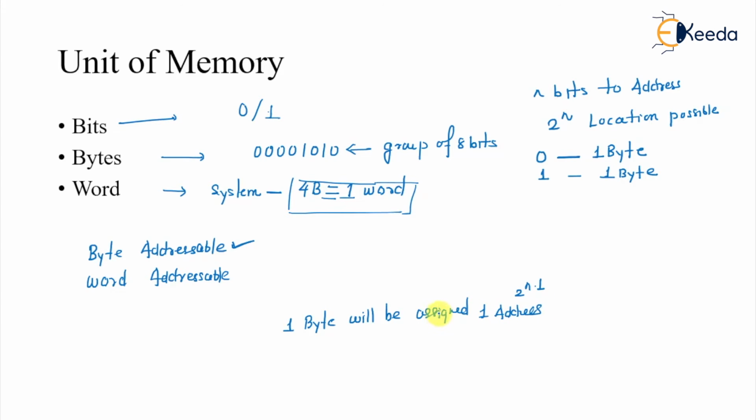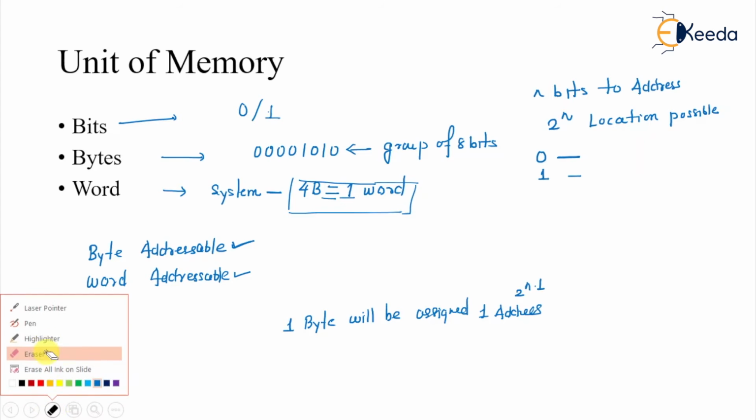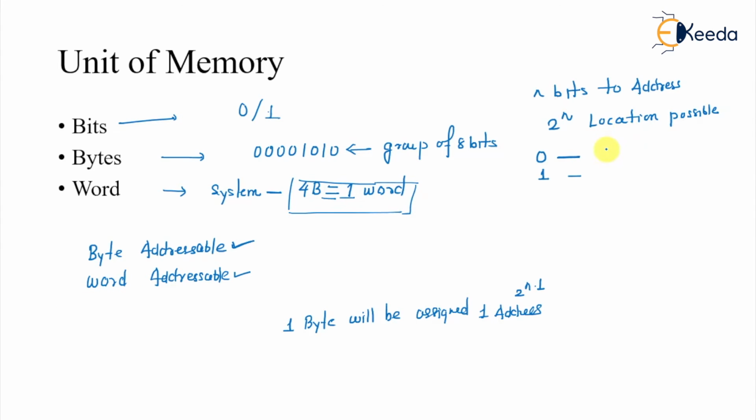Okay, now each byte will be this 1 byte. Each address will be 1 byte of size. Word addressable is the same parameter, but instead of having a single byte here, each location will become the size of one word, and that will be 4 bytes.